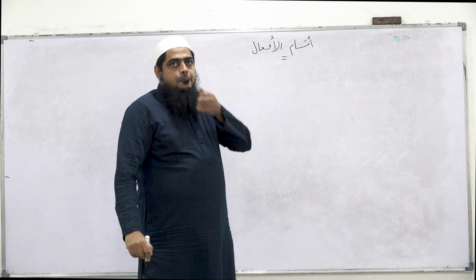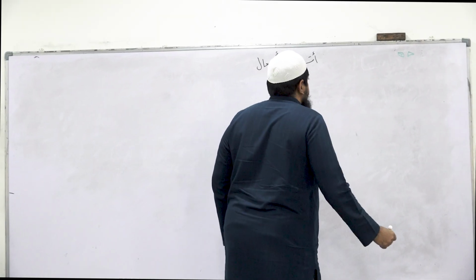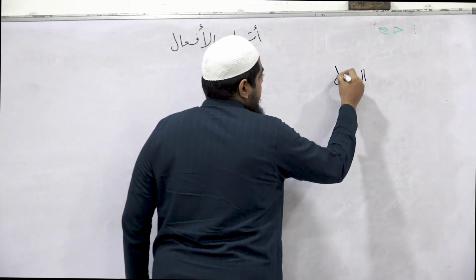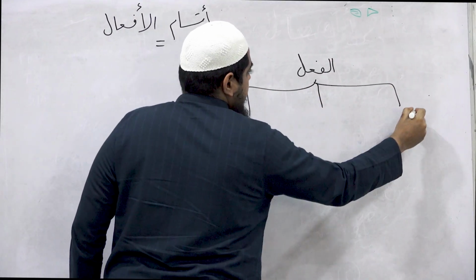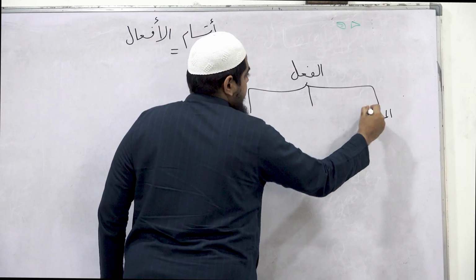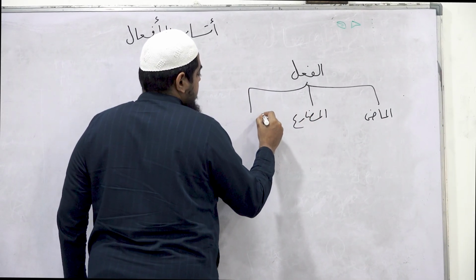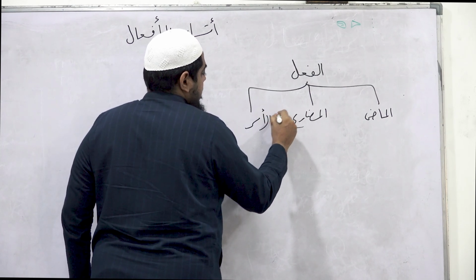Aqsam al-af'al. Varieties of fi'l. First variety what we have seen is fi'l can be classified into 3: Al-Madi, Al-Mudari', Al-Amr.